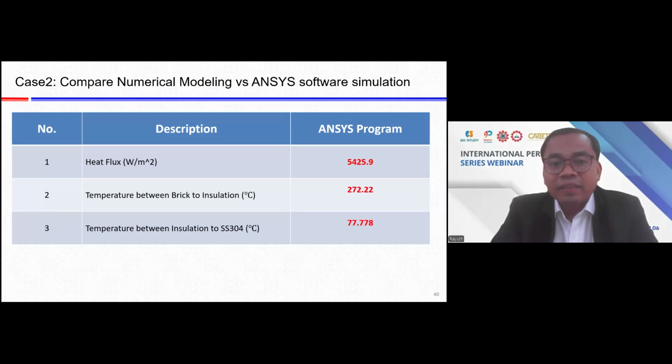The heat flux is around 5,425.9, the temperature between fabrics and insulation is around 222.22, and the temperature between insulation and the stainless steel surface is 77.8.